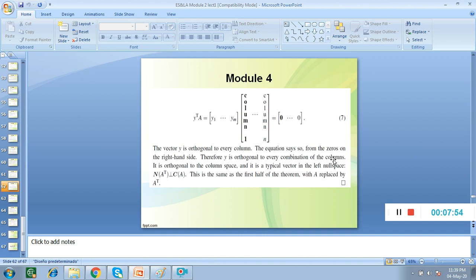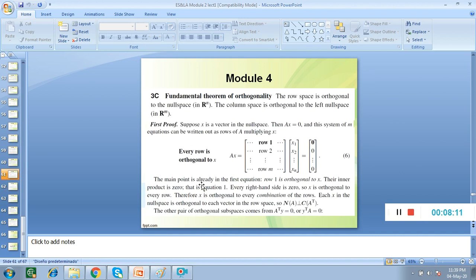And certainly the column space is orthogonal to the left null space, which will be represented as N(A transpose), perpendicular to the column space, and on the other side the null space is orthogonal to the row space, because we have the habit of representing the transpose of column space as nothing but row space.